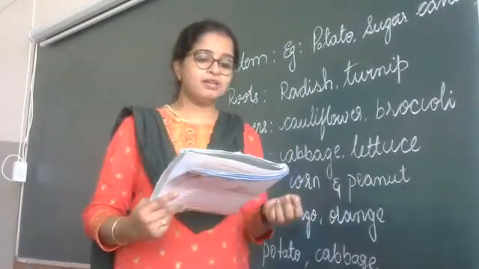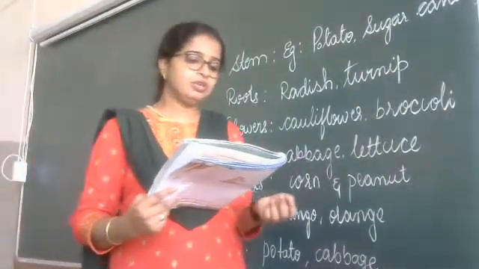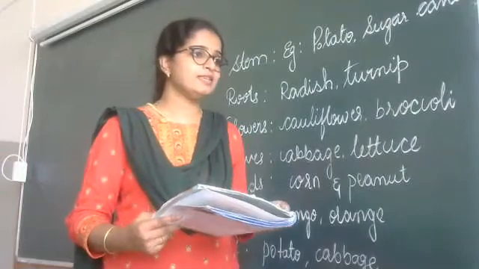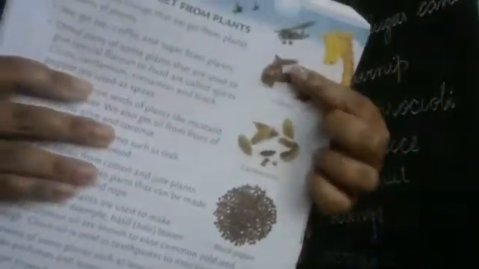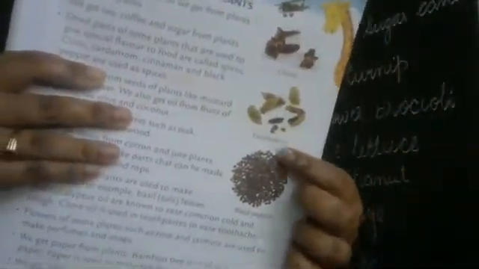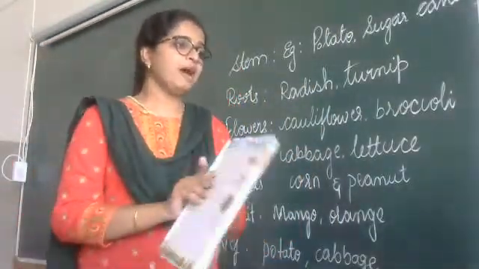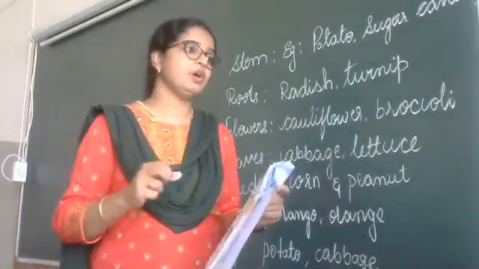Dried parts of some plants that are used to give special flavor to food are called spices. These are the dry parts of the plants: cloves, cardamom, black pepper, cinnamon stick. These are called spices which give extra flavor to our food.